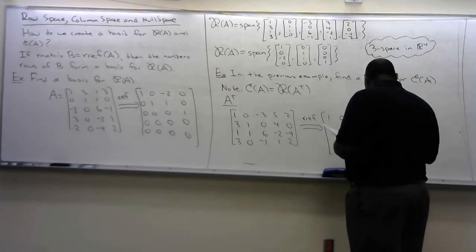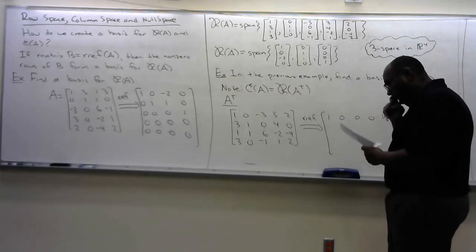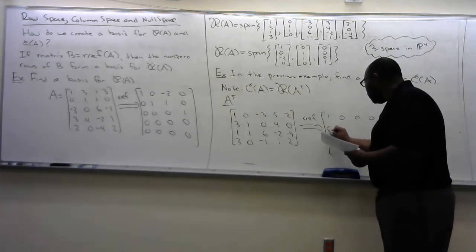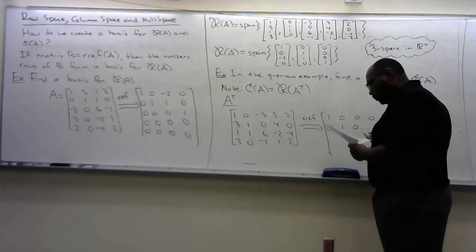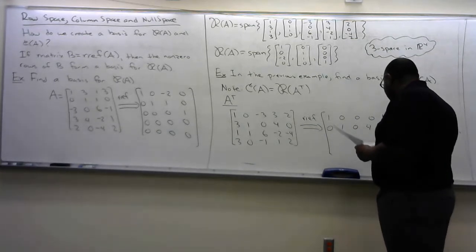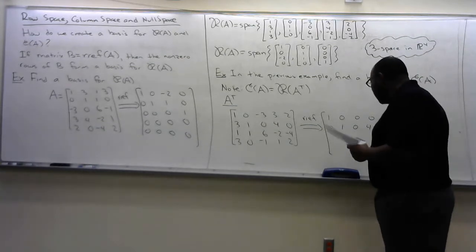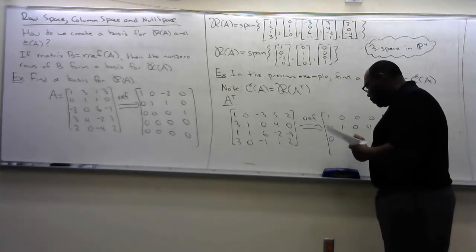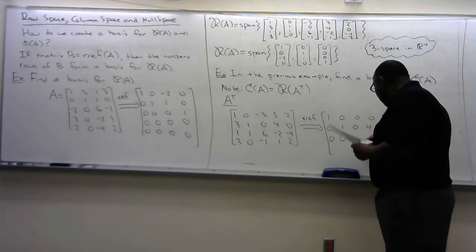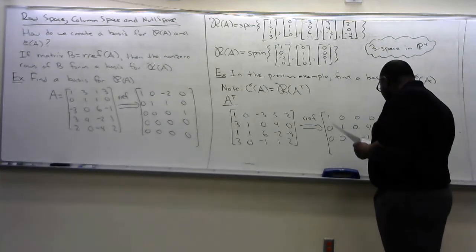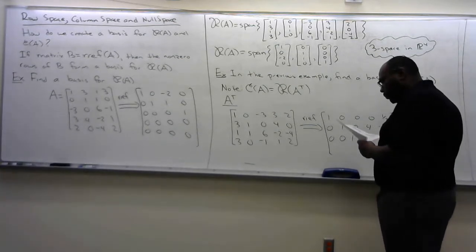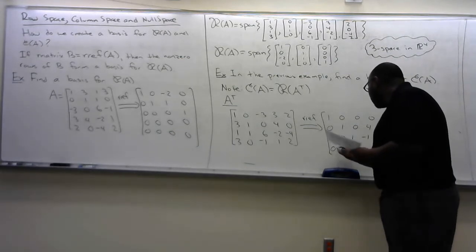You guys double check and make sure I did it correctly. Here I have 0, 1, 0, 4, -3/2. Here I have 0, 0, 1, -1, -1/2. And then I have a row of 0, 0.